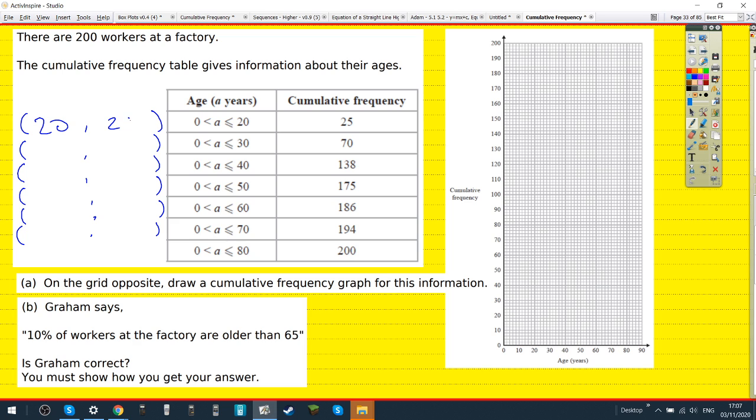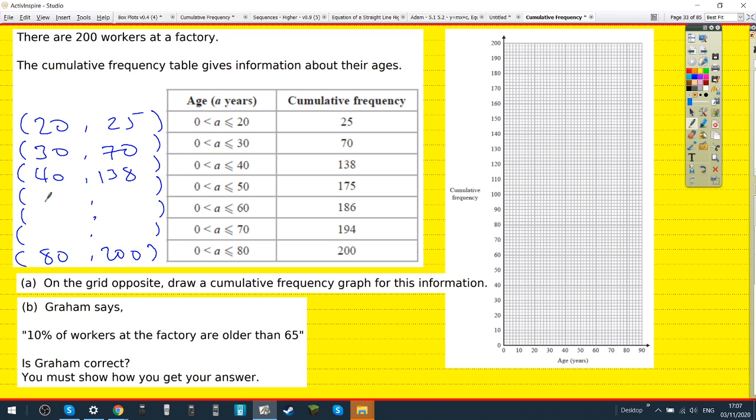Yep. And then 30, 70. Yeah. And then 40, 138. Yeah. How about the last one? 80, and 200. Well done.